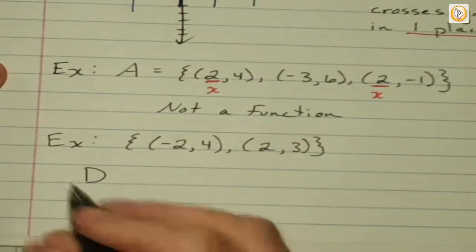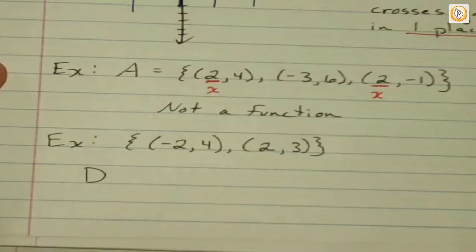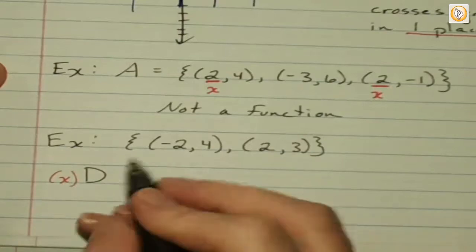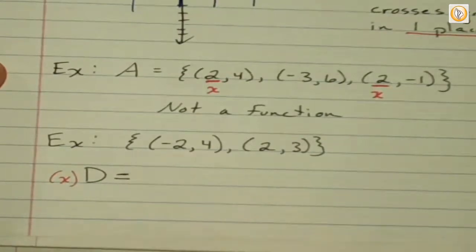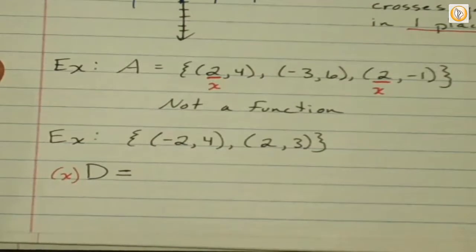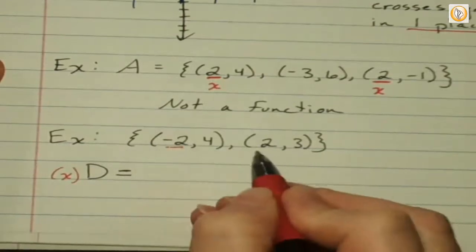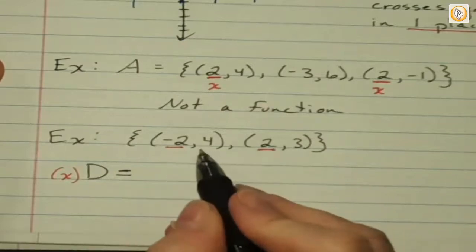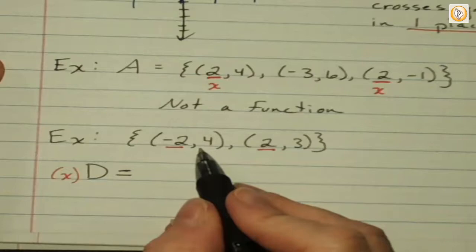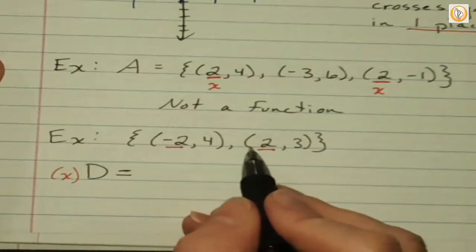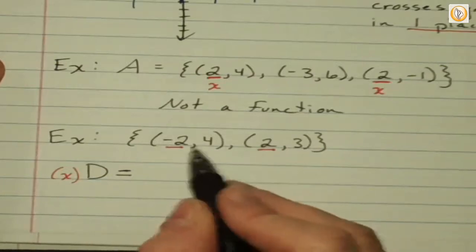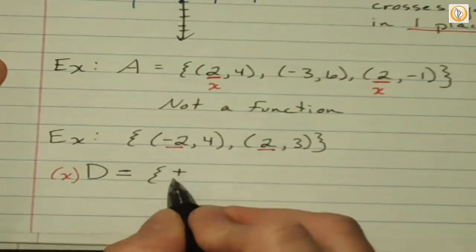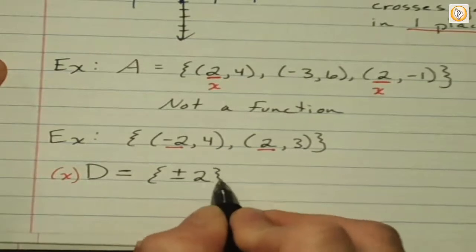X. So if this is my X and that's my domain, notice it's the same number. One's negative, one's positive, but it's 2. You can write that as plus minus 2.